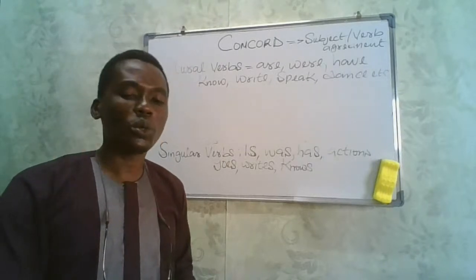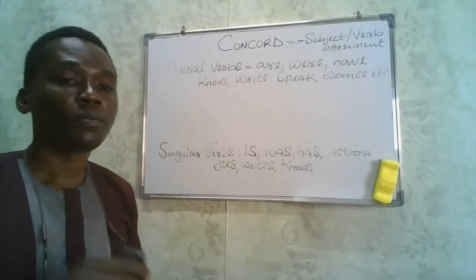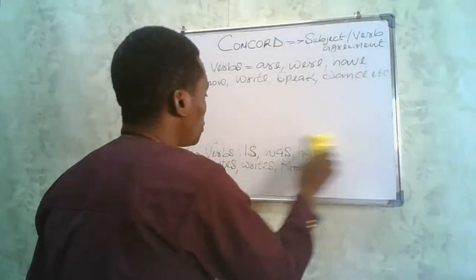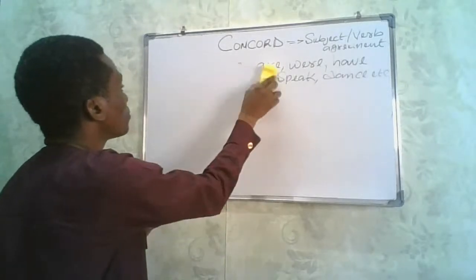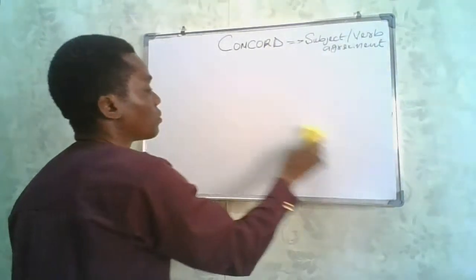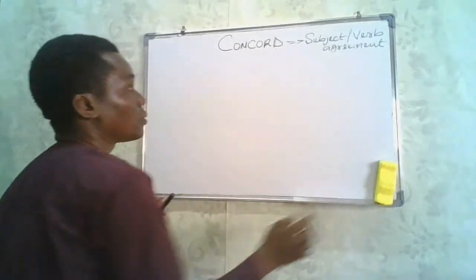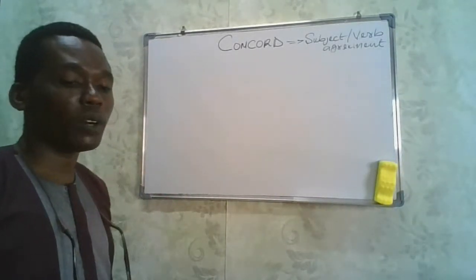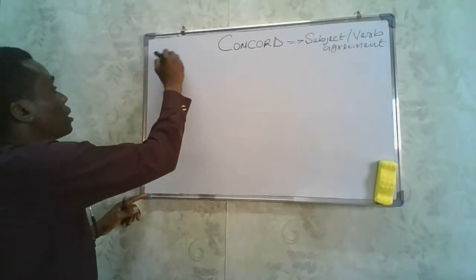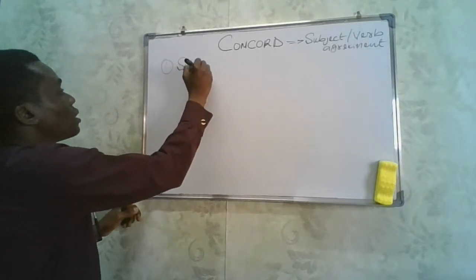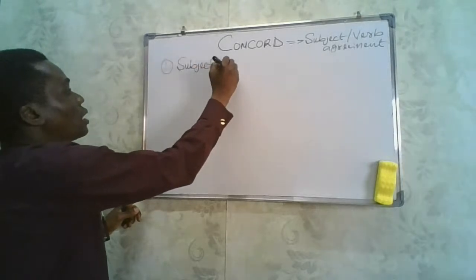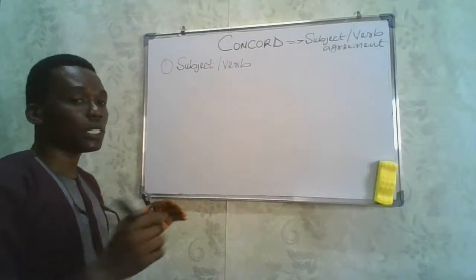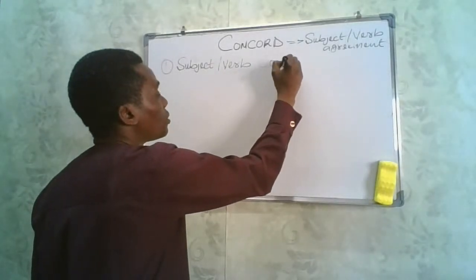Now, let's go straight to the types of concord we have. What are the types of concord? That's what we are going to look at. The first type of concord is the subject-verb concord, or subject and verb agreement concord.